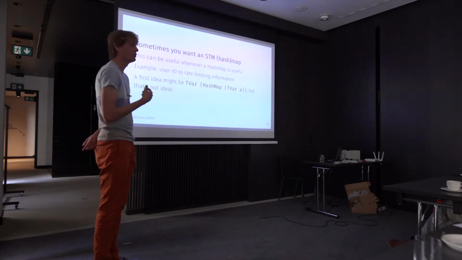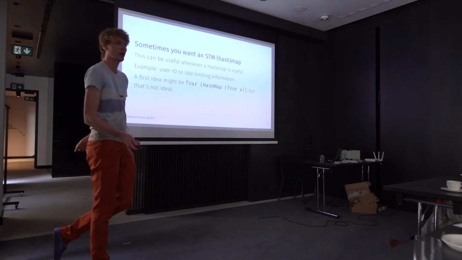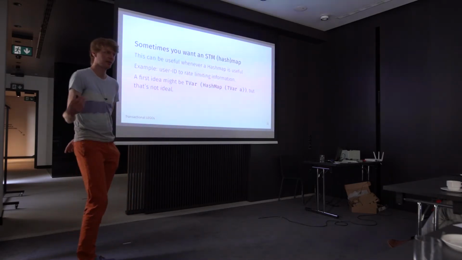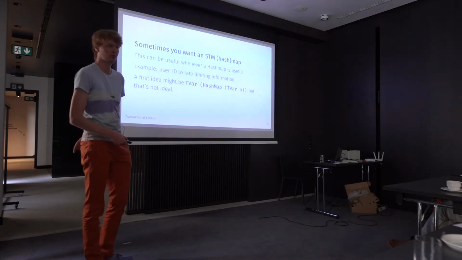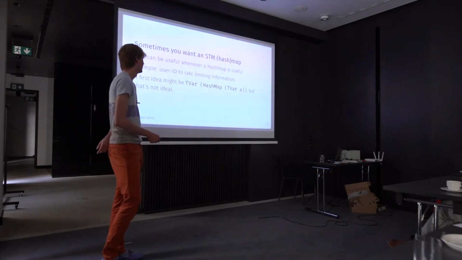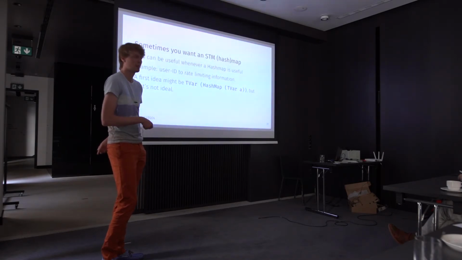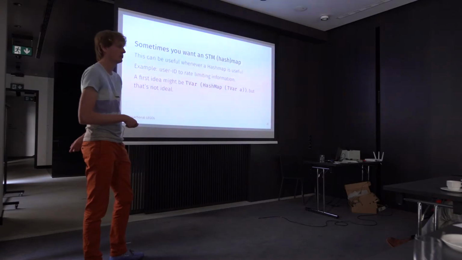And if you want this in your application, you might be inclined to take the same Lego approach as we've taken thus far, and take a TVAR, take a hash map from the containers library, and then put TVARs in there. Why are you using TVARs inside?